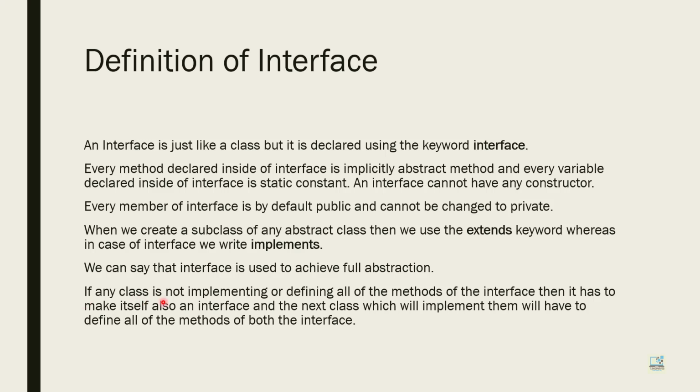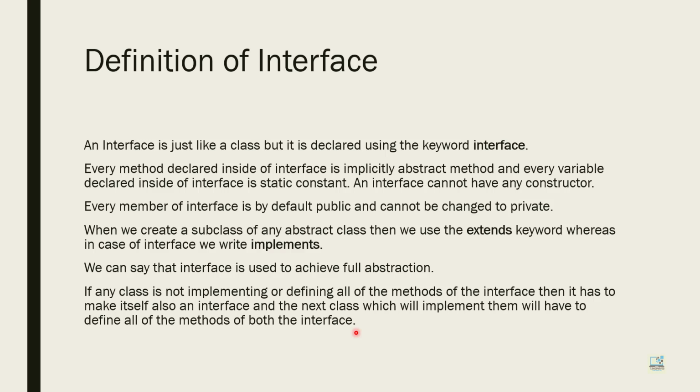If any class is not implementing or defining all of the methods of the interface, then it has to make itself also an interface, and the next class which implements it will have to define all the methods of both interfaces. Suppose you have an interface with two abstract methods; all the methods are abstract by default in an interface.